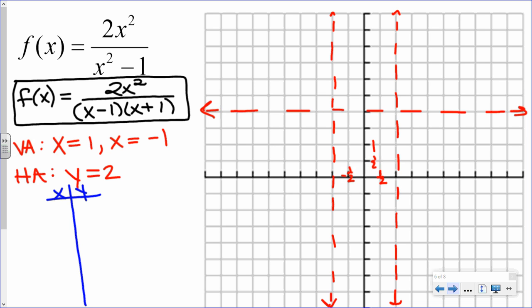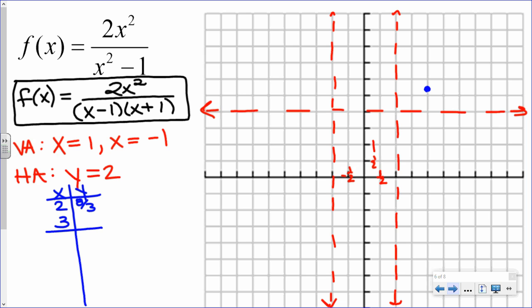Okay? So since we have this asymptote at 1, what would be nice numbers to plug in? 2 and 3. Okay? So when we plug in 2, what are we going to get? 8/3. Okay. So 2, 8/3.